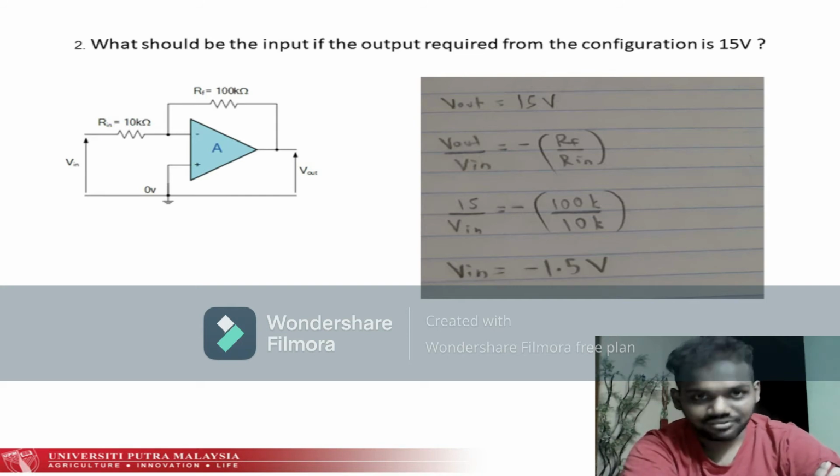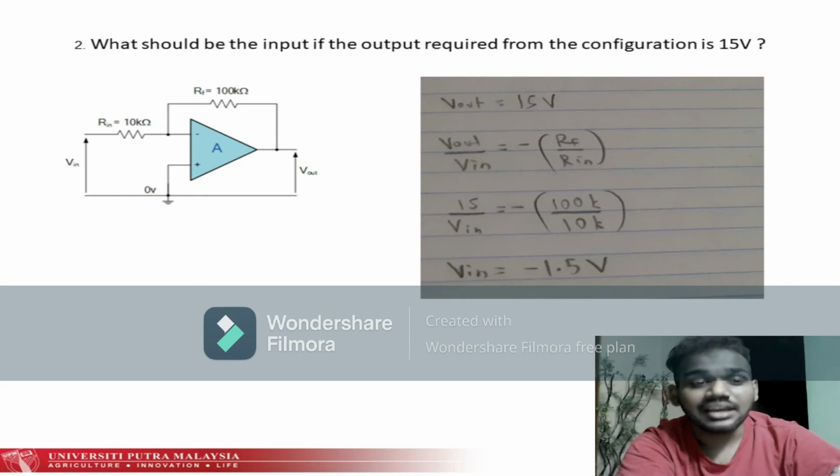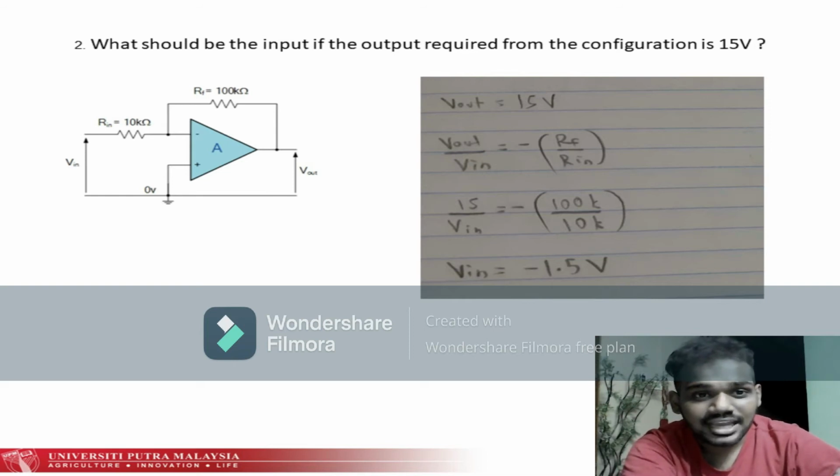So, for this type of question, we have to examine the diagram very clearly. Based on the diagram, we can find that the input voltage signal is directly applied to the inverting input of the amplifier. So from the diagram, we can deduce that this is an inverting operational amplifier.